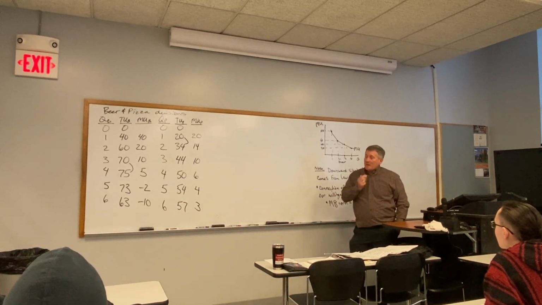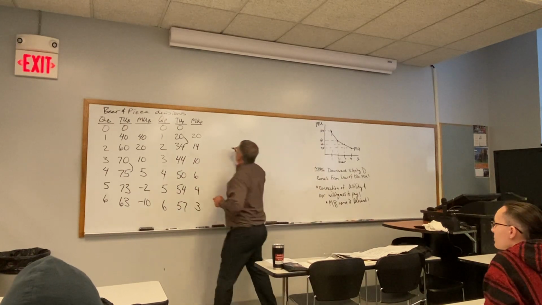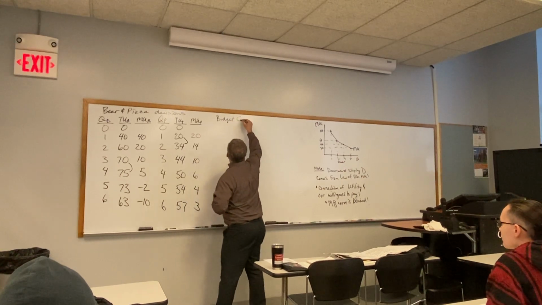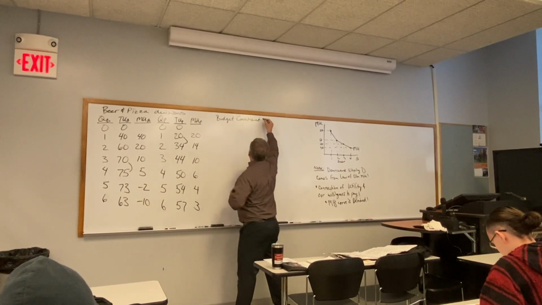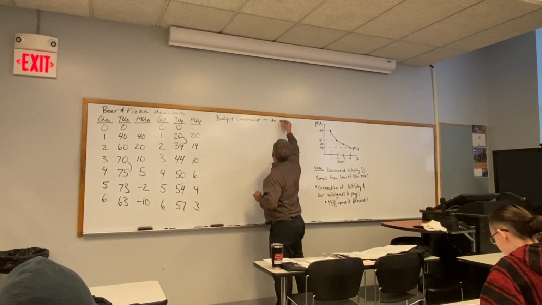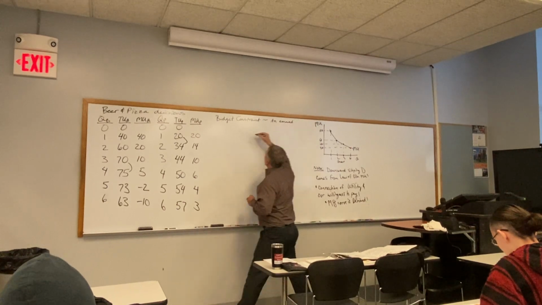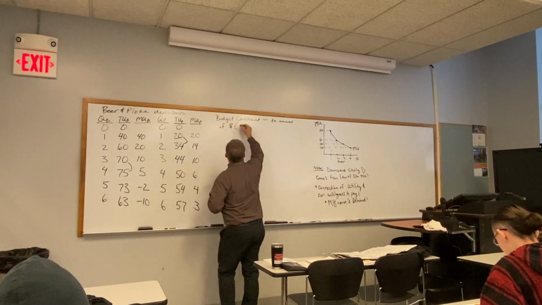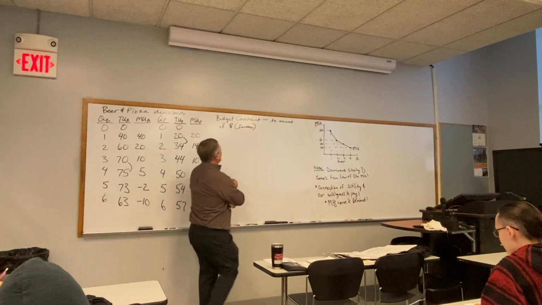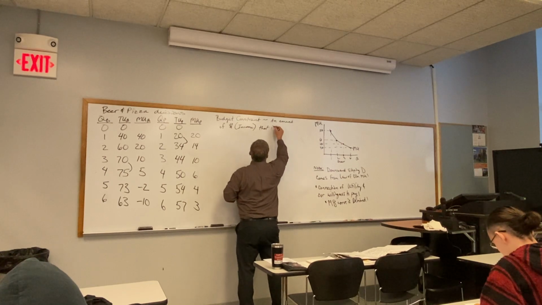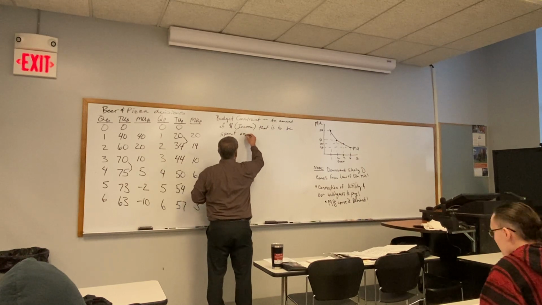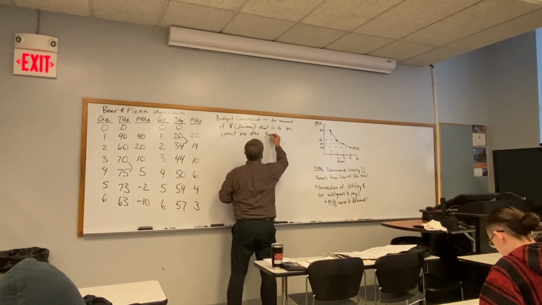All right, what if this stuff costs money? So real life, we have a budget. So the budget constraint. This is an amount of money, I'll put in parentheses your income, sometimes we use that word, an amount of money that is to be spent on the goods.